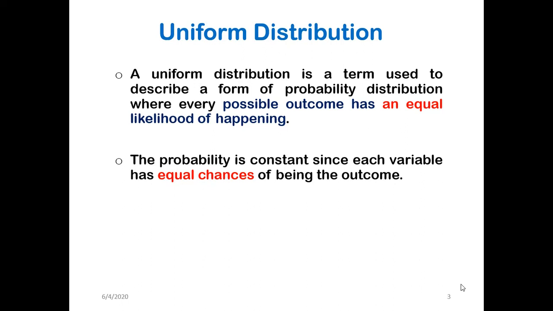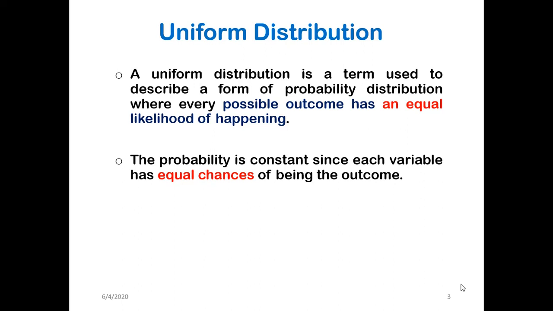That is, the probability or the likelihood of an event to occur is the same throughout your sample of interest or your population of interest. In other words, the probability of occurrence of an event is equal throughout.